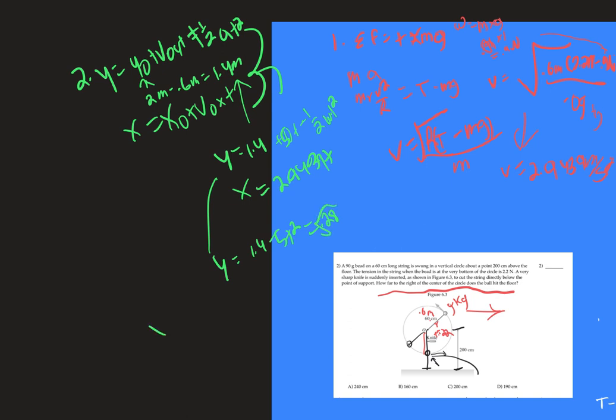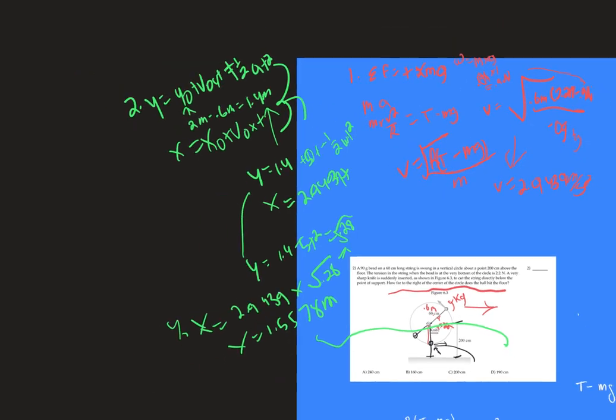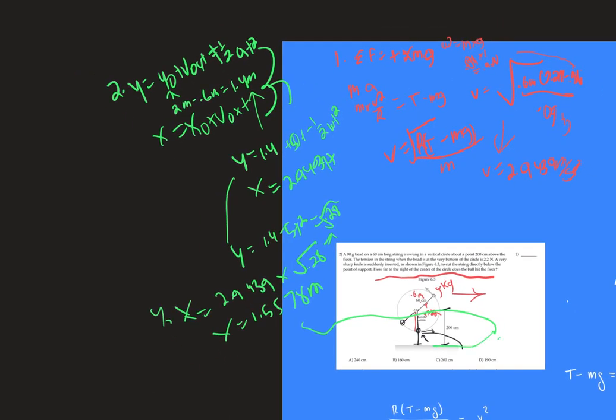So for the x portion we do 2.9439 times 0.28 as we had before. Now that gives us x to be 1.5578 meters, which is the closest to our answer choice, which is 160.